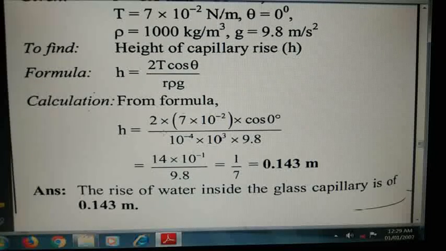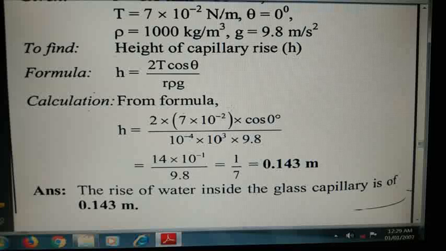When we substitute value here, we get H equal to 2 into 7 into 10 to the power minus 2 into cos of 0 degree divided by 10 to the power minus 4 into 10 to the power 3 into 9.8. When we solve this, we get 14 into 10 to the power minus 2 divided by 9.8. Cos 0 equal to 1. Here 10 to the power minus 4 and 10 to the power plus 3 give 10 to the power minus 1.